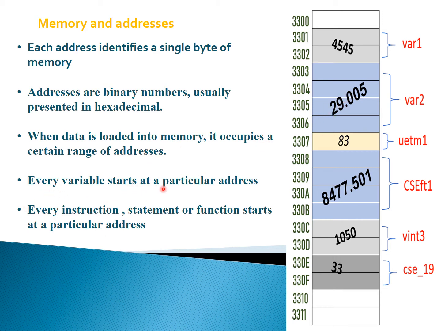Every variable starts at a particular address, as we discussed. Every instruction, statement, or function starts at a particular address. Similar to these variables, the instructions also are stored on these bytes, and they have their own addresses also.